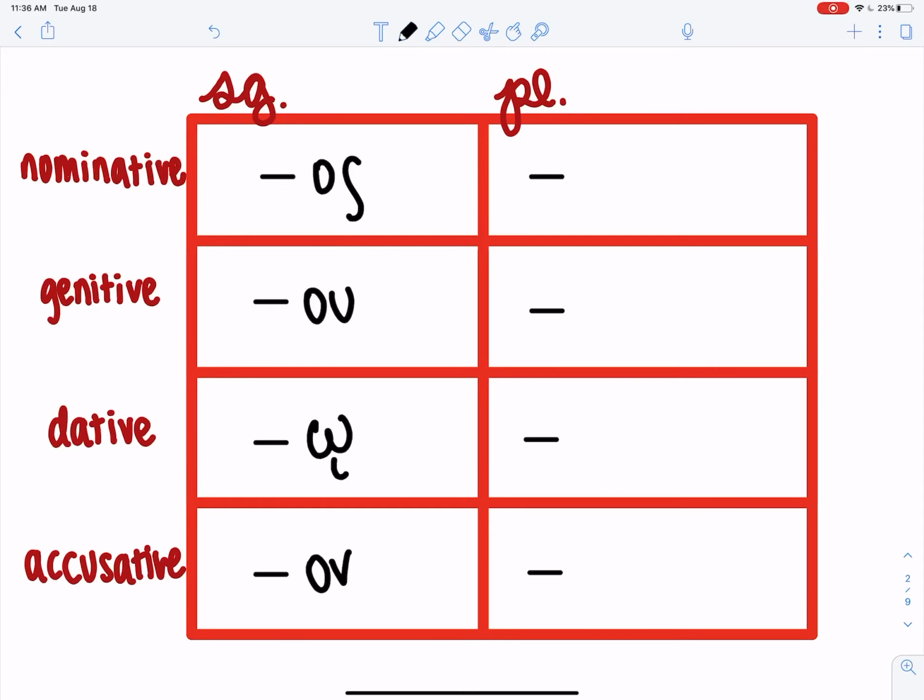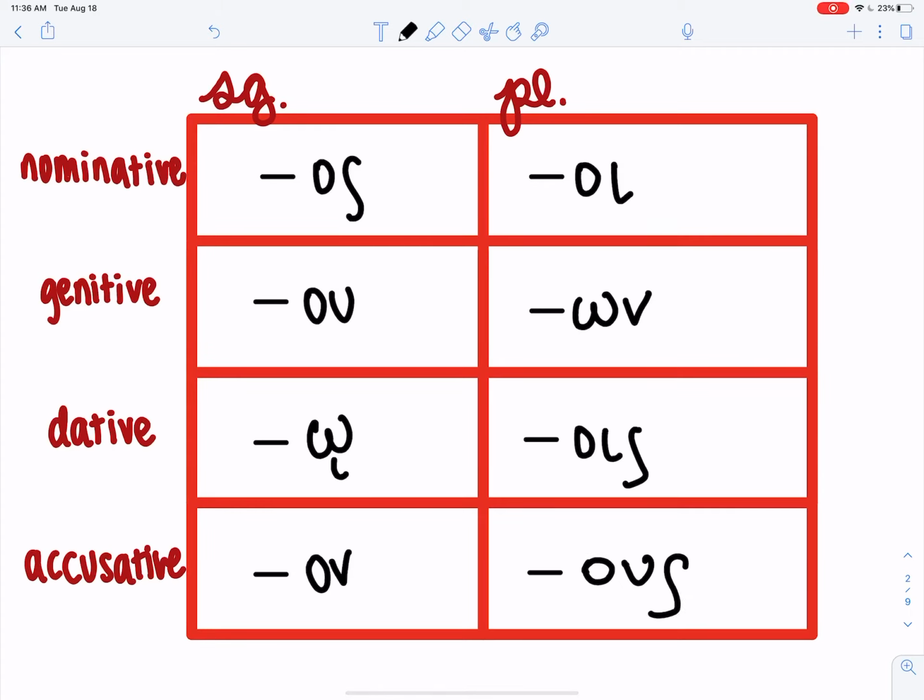And then in the plural, we have omicron iota, so oi, then omega nu, own, and then omicron iota sigma, ois, and omicron upsilon sigma, oos.